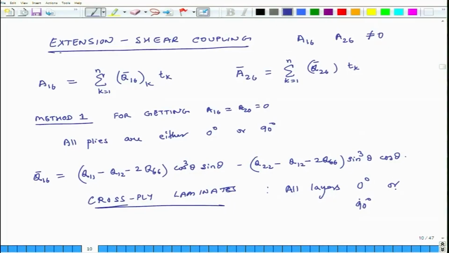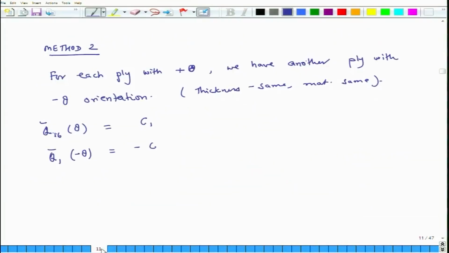Odd function means that if I change from theta to minus theta, the contribution of positive theta would be C1 times thickness of the layer, and contribution of negative theta layer will be minus C1 times thickness of the layer, and when you add these two up, it becomes 0. Q16 bar, yeah, Q16 bar.